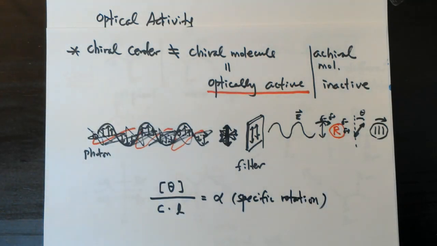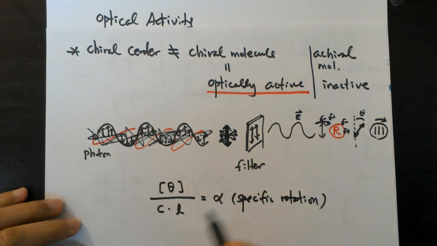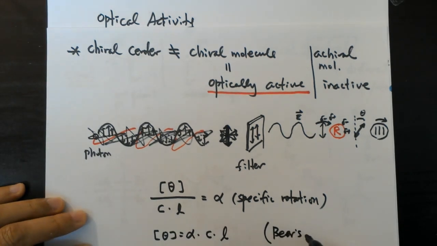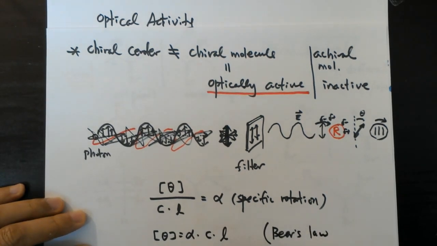That is unique for the compound. If you think about it, this is very similar to Beer's law, A equals epsilon times C times L.